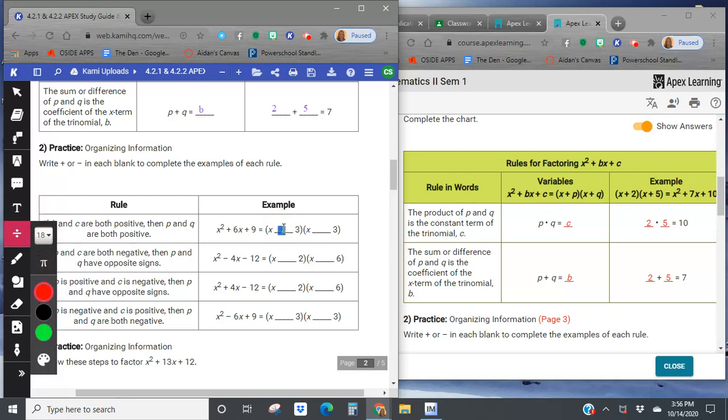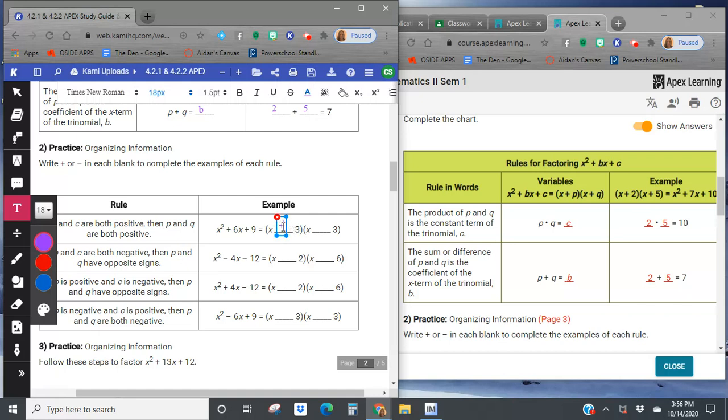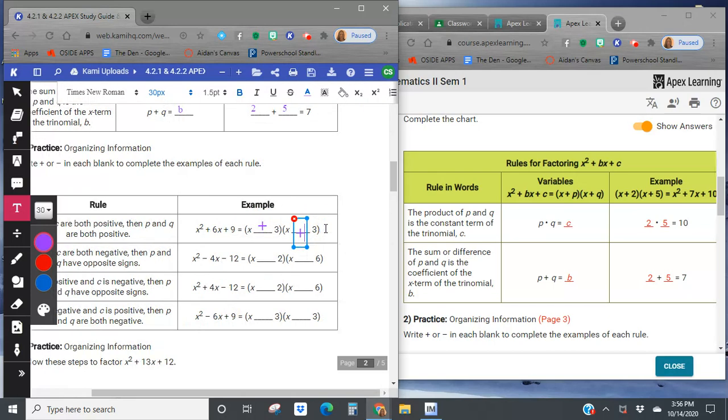So here, this would need to be a plus, and then this one is also going to need to be a plus, because positive 3 times positive 3 equals positive 9, and positive 3 plus 3 equals 6.